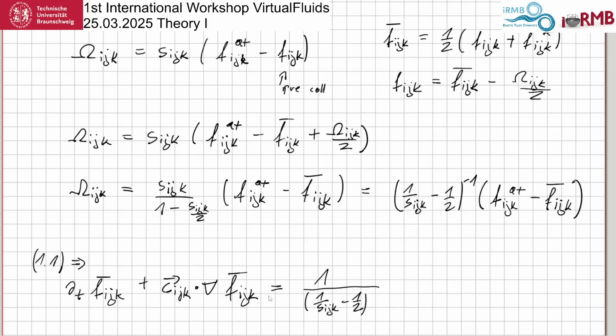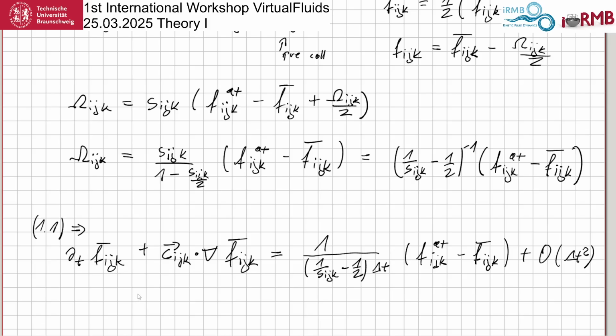And what I did here is I divided by delta t, so I have to divide by delta t, times F_ijk attractor minus F_ijk over bar. And because I divided by delta t, what we are left with is delta t squared. So it's the second order.